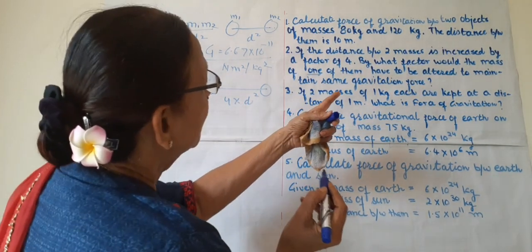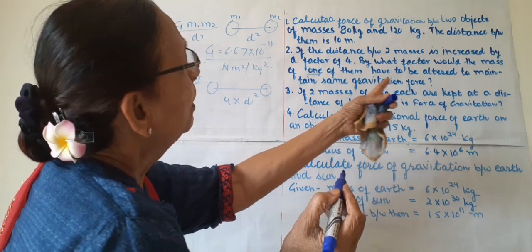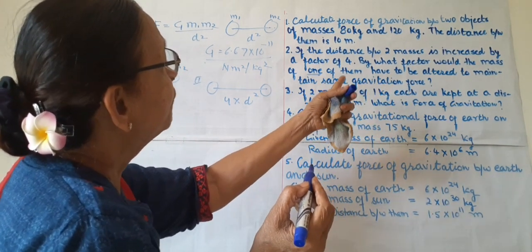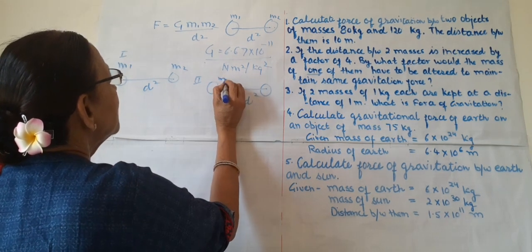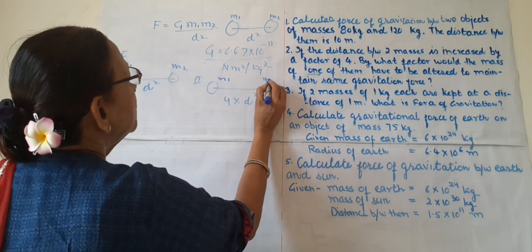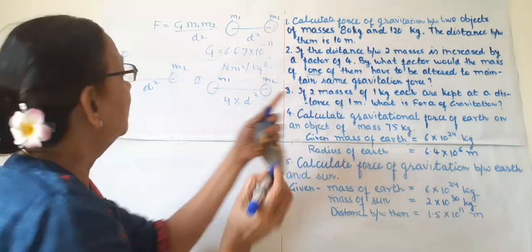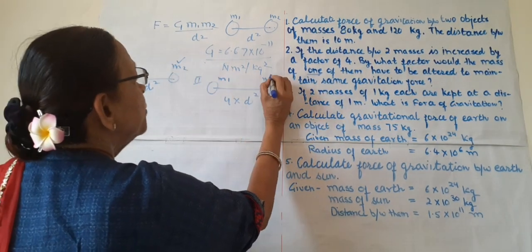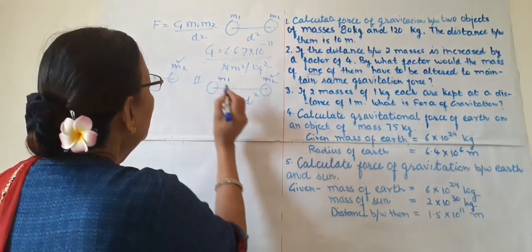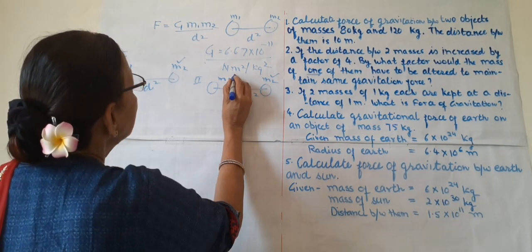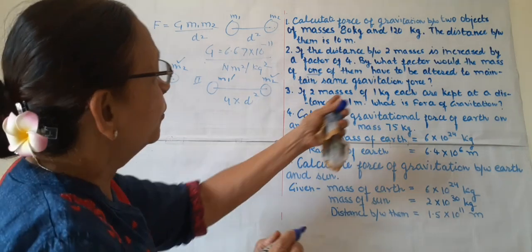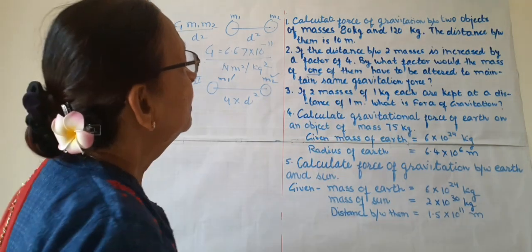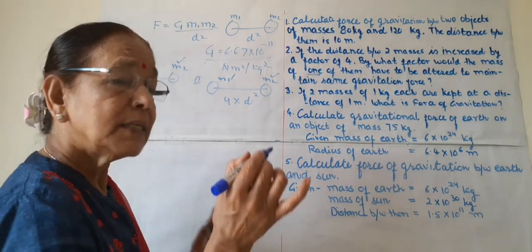So what is being asked? What will the mass of one of them have to be altered to? This is m1, m2. Suppose I fix m2. Only one has to be altered. So m2 and m2 are the same, but m1 is altered. Now it becomes m1 dash, so that the gravitational force remains the same.